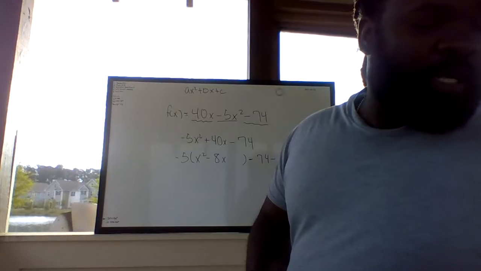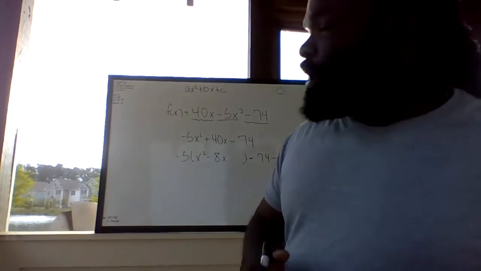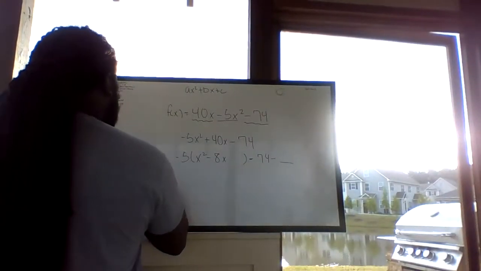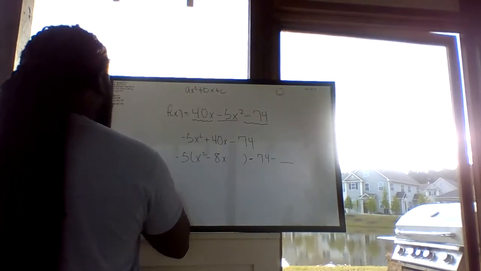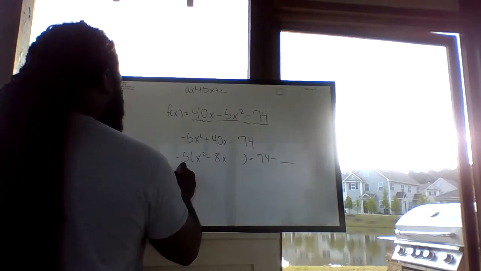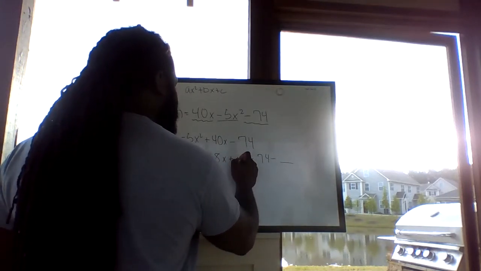So now we need to complete the square. What is half of 8? That's what we're trying to figure out right now. Half of my negative 8 is negative 4. All right, then we want to square that value. We get a positive 16. So here, I get 16.